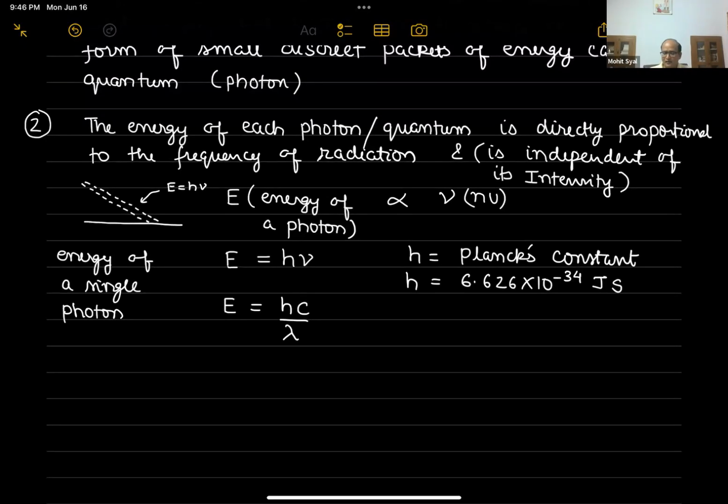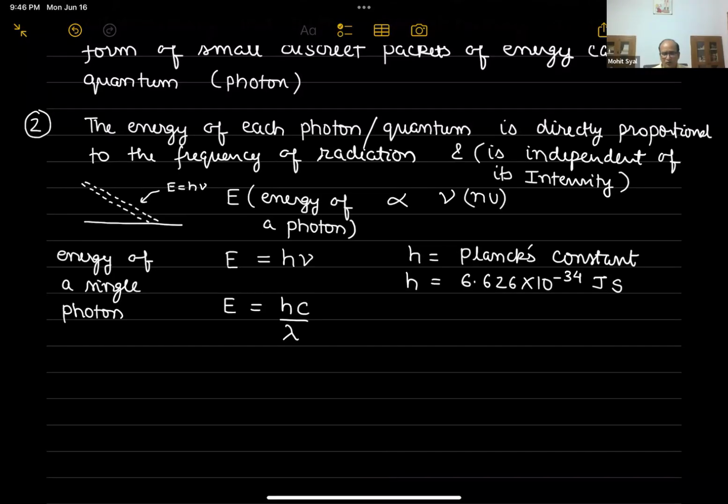So this is the energy of the photon. Now, in Planck's constant, I hope you understood, this is a very small amount of energy, 10 to the power minus 34 joule, because that particle of light is very small and that energy has to be very small. So whatever energy I'm receiving cannot be given or taken continuously, but can be given or taken discontinuously in the form of packets of energy.